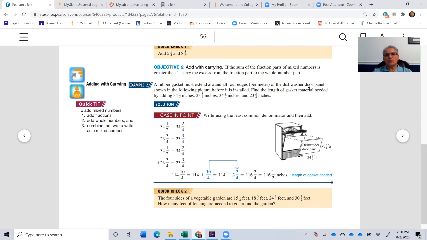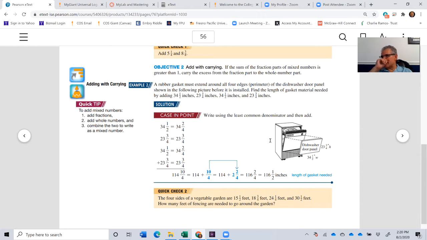There's an example here, example number 2, that shows a rubber gasket must extend around all 4 edges, the perimeter of the dishwasher door panel shown in the following picture before it is installed. So find the length of the gasket material needed by adding 34 1/2 inches, 23 3/4 inches, 34 1/2 inches, and 23 3/4 inches. So the perimeter circles the dishwasher where the gasket needs to go.